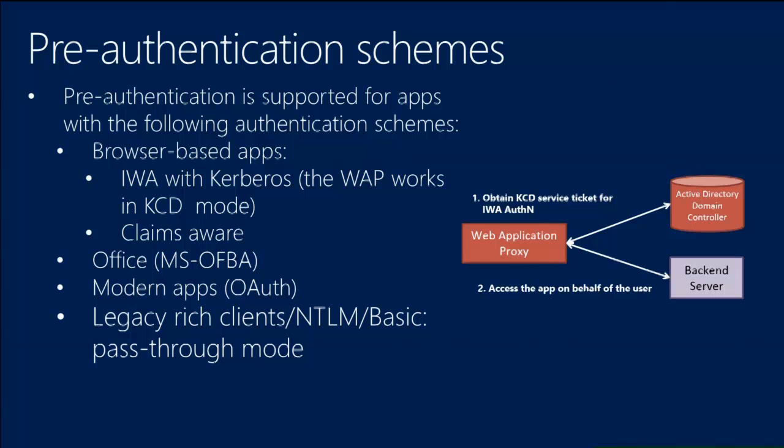So, for example, OWA, Outlook Web App, is fully supported with pre-authentication. That's one of the common questions that we get. Other types of email clients, like Outlook Anywhere, for example, I think we can expect less to be on those types of iPads and Surface devices and more on fully managed laptops. So for Outlook Anywhere specifically, pre-authentication is not supported. It'll work with pass-through mode, and this is an example of something we'll have to follow up on in the next release and provide pre-authentication for.